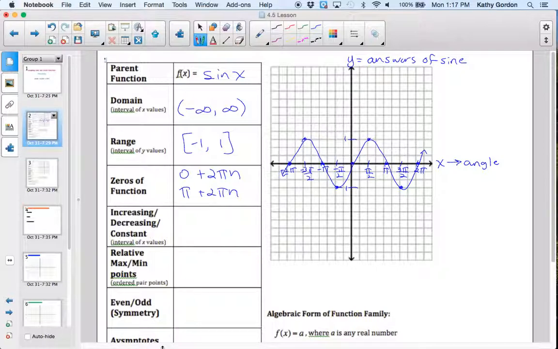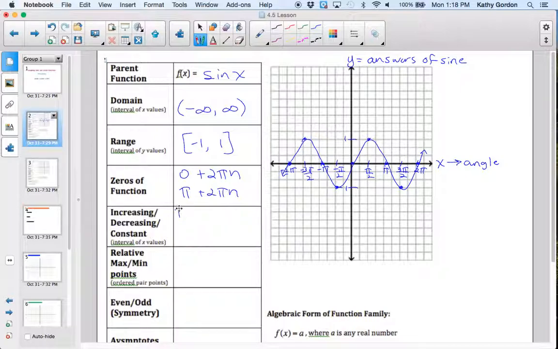Or you can leave the 0 there for emphasis, either way. Okay? So the same thing happens with increasing, decreasing, and constant, because those are supposed to be intervals of x values. Hang on just a second, I'll come back to you. Right? So if they're on intervals of x values, then that means every 2 pi of x values, this pattern is going to repeat itself again.